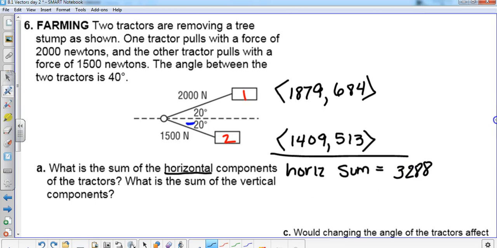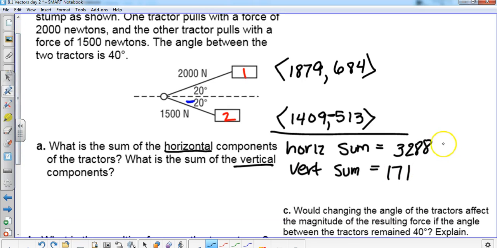And the sum of the vertical? Yeah, actually, this one should be negative, right? If you use negative 20, did you get negative? Yeah. Okay, so negative 171-ish, depending if you left decimals on.